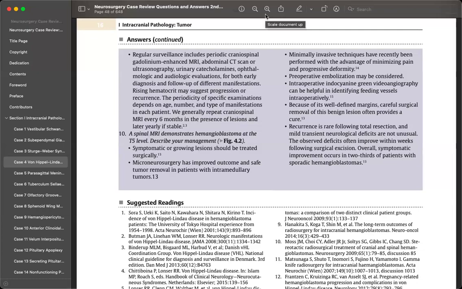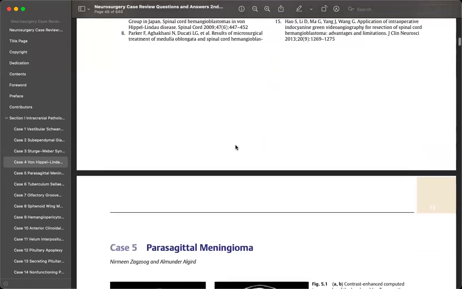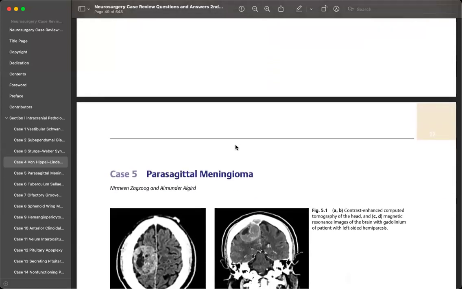Who is in the next case? Who's taking the next case? Can any of you take parasagittal meningioma? Dr. Ntege or Skasire? Sorry, apologies. How do I pronounce your name? I don't want to pronounce it wrongly.